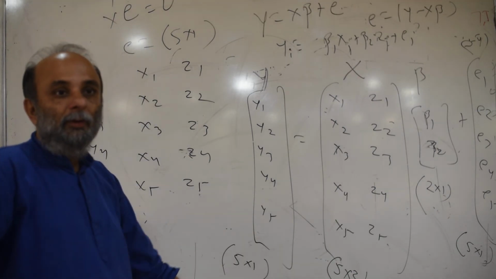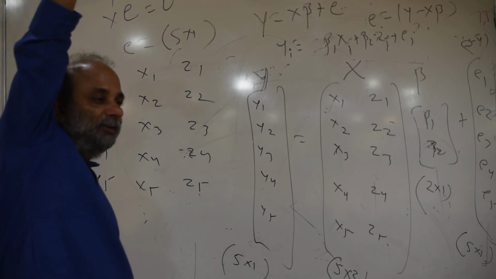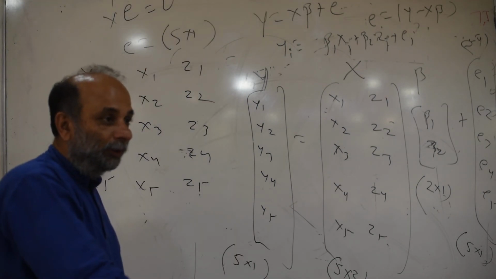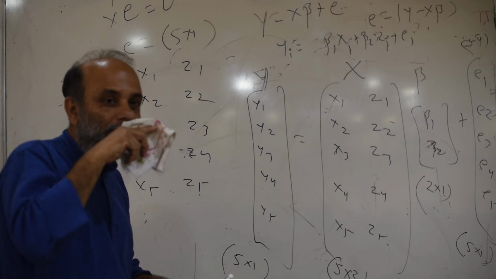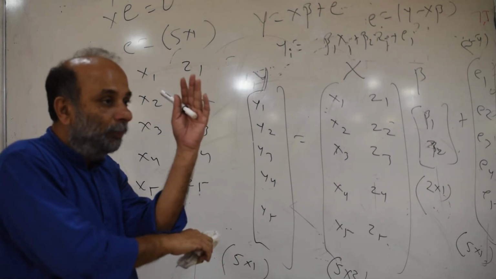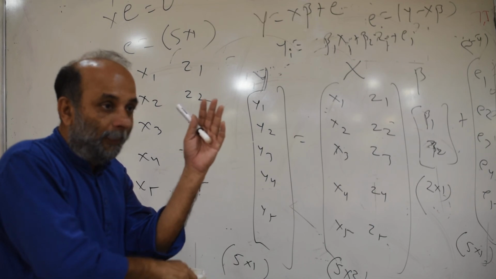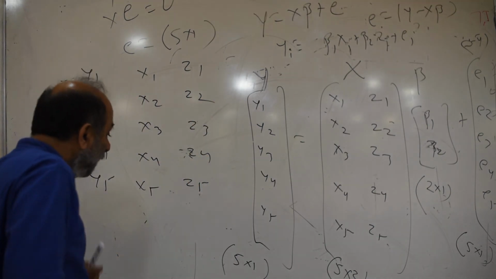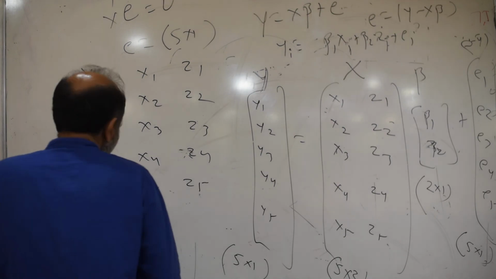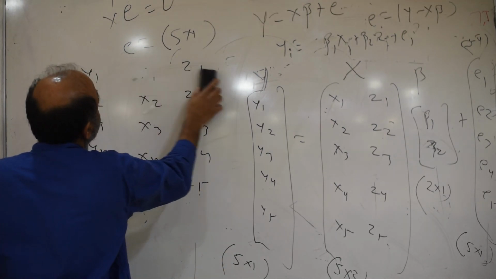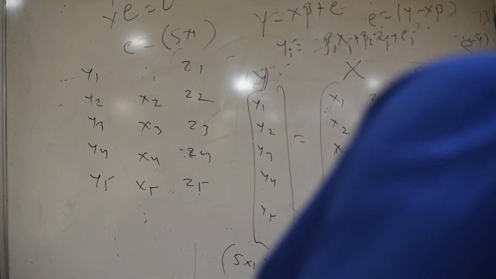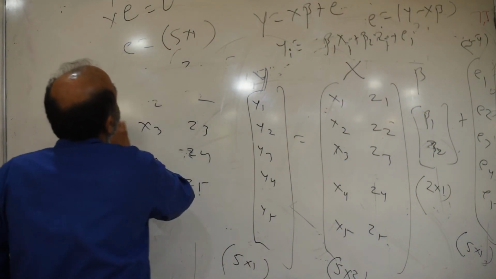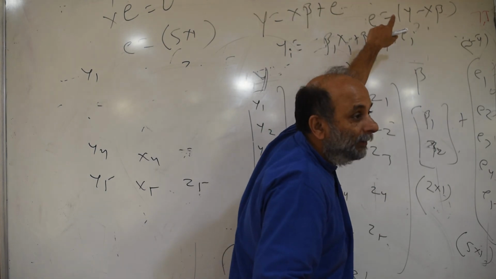X is the ground. E is your straight drop to the ground. So the straight drop to the ground has to be perpendicular to the ground. And for two things to be perpendicular, the dot product has to be 0. So if x dash E has to be perpendicular, it means that... but what is E?